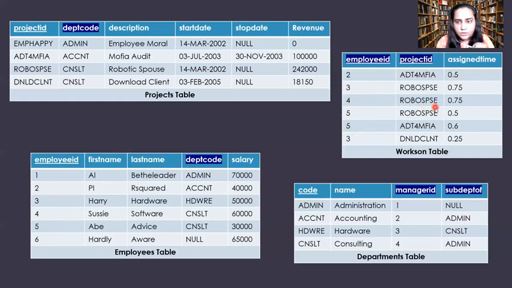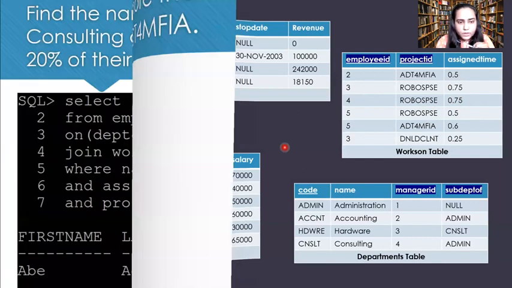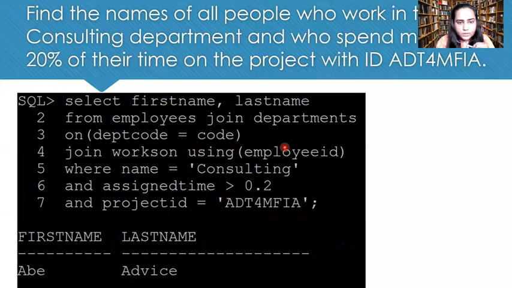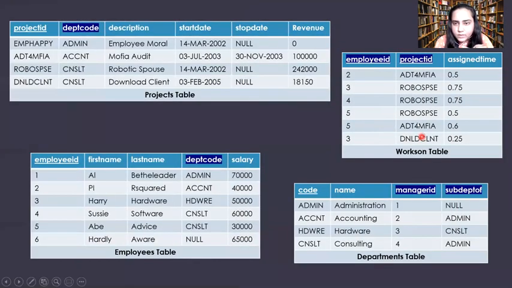And out of these 3 rows, all of them have greater than 0.2 assigned time. And which is why, as a result of the previous query, we are getting this particular name, Abe Advice, because there's one more condition that is ADT4MFIA. So let's see.